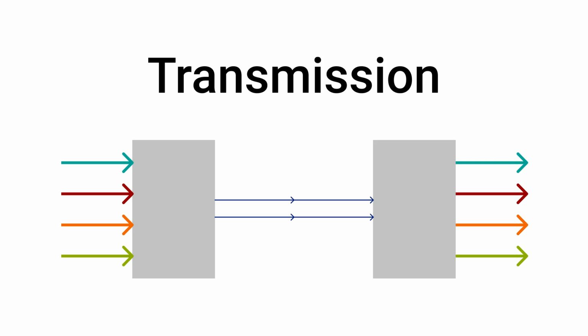And so here, the first issue that we have to tackle is the fact that we have 4 in input, 4 in output, but only 2 in the middle. And so we need to first send the first 2 pieces of information, and then send the 2 next. So first send the blue and the brown, and then the orange and the green.